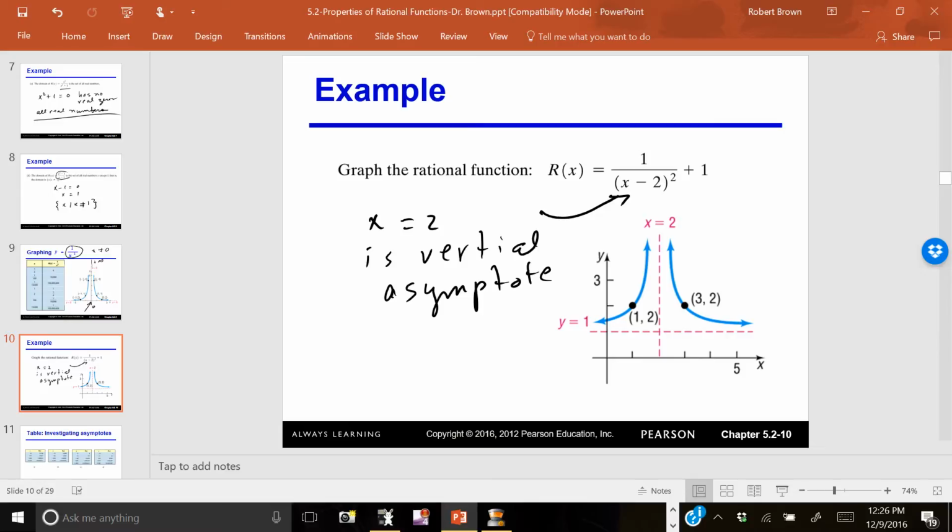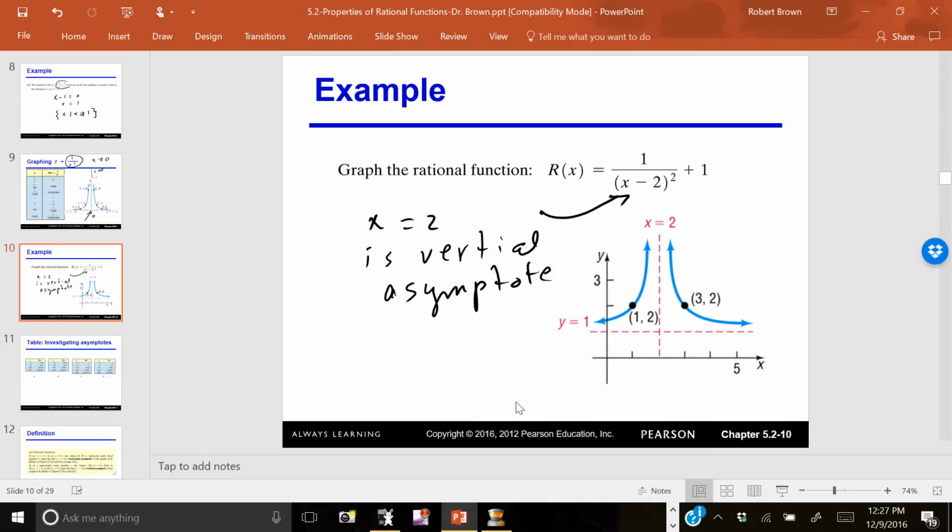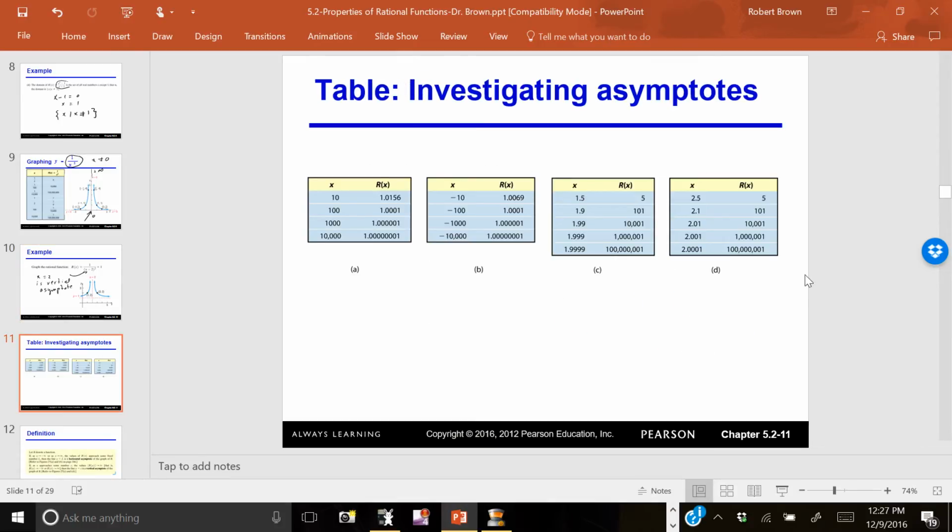Notice as x gets very large, that y gets closer and closer to 1. Now, these tables are showing various values of the function r of x as x approaches or equals certain numbers.